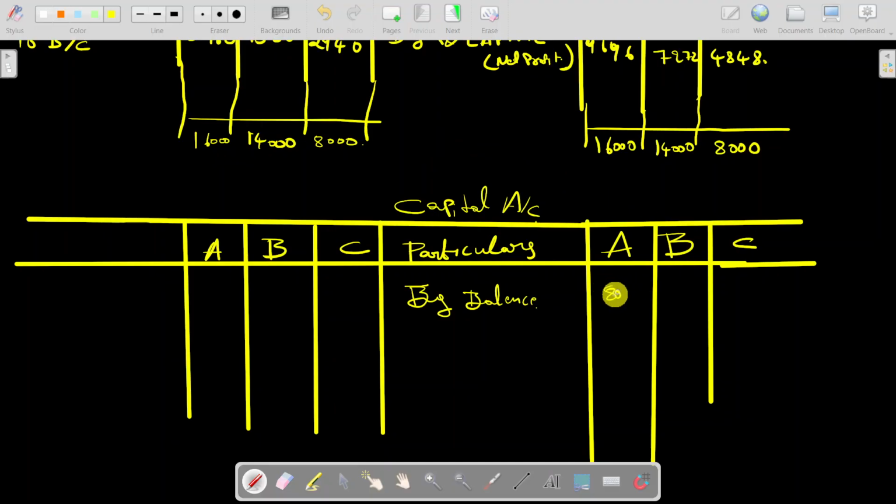80,000, 60,000, 40,000, and they are not adding any extra capital here.